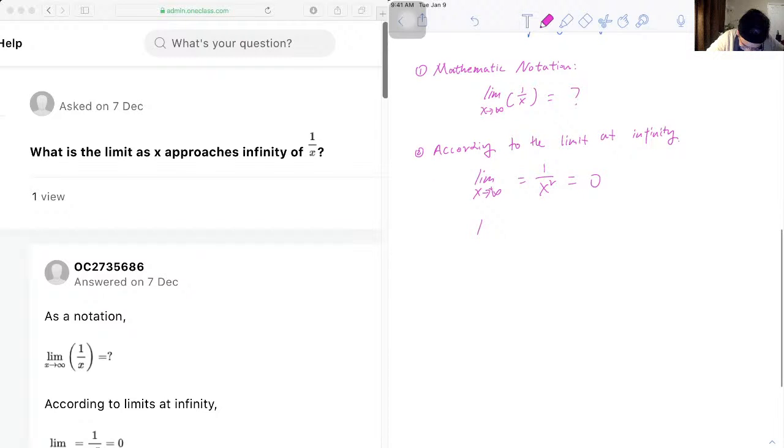So we have the limit as x approaches infinity of 1 over x is just equal to 0.